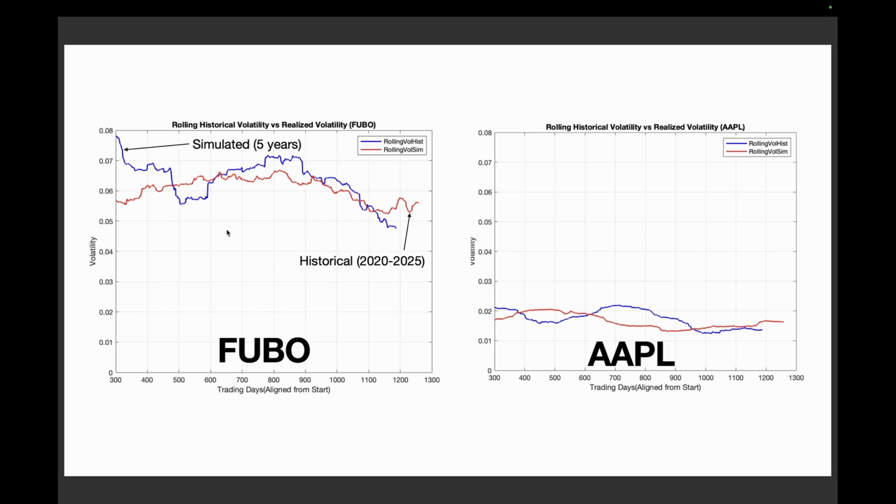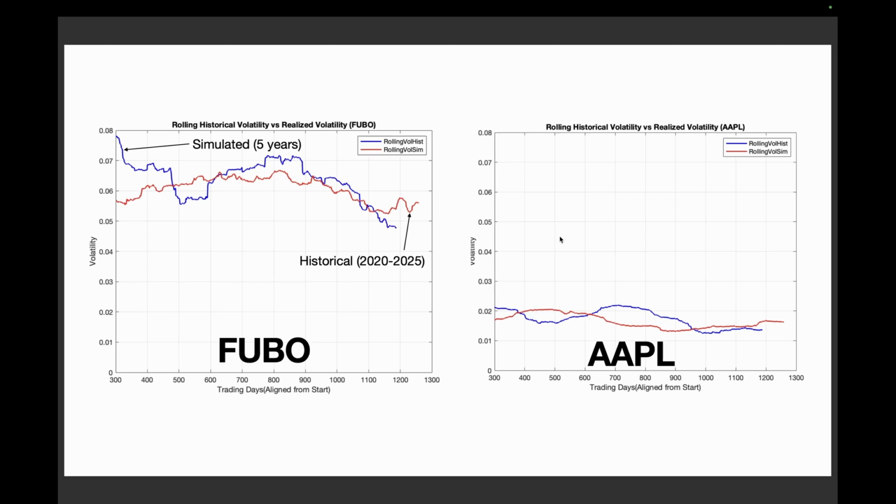If you look, here is Fubo, which was a very high volatility stock. In blue is the historical realized volatility, and you see one trajectory here for which I calculated the realized volatility. They match pretty well. Apple is lower volatility, so the simulation will be lower volatility, and the way that volatility moves is also pretty similar.